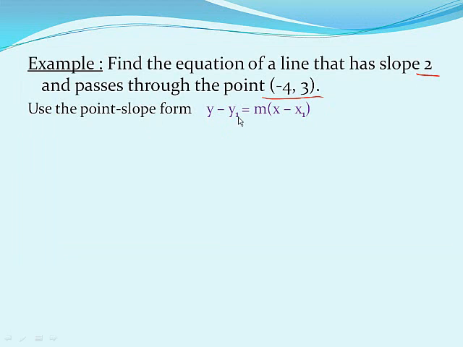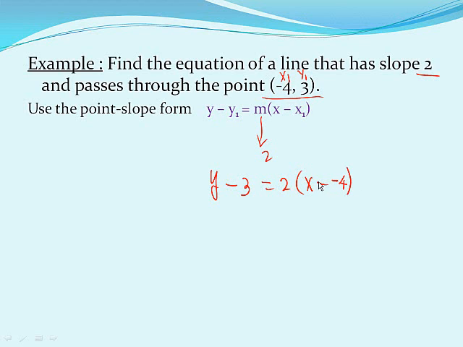y minus y1 equals m multiplied with x minus x1. So m value is given as 2, x1 value is given as -4, y1 value is given as 3. So when I substitute, I will get y minus 3 equals slope 2 multiplied with x minus x1. x1 itself is negative, so we need to have one more negative, -4.